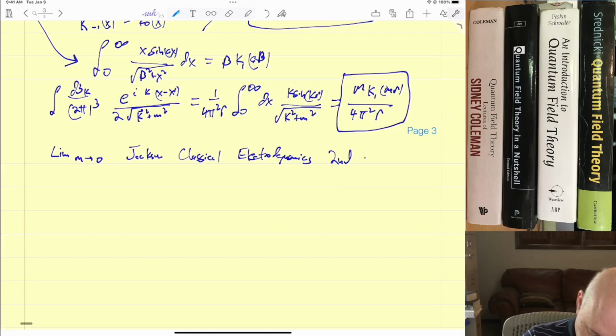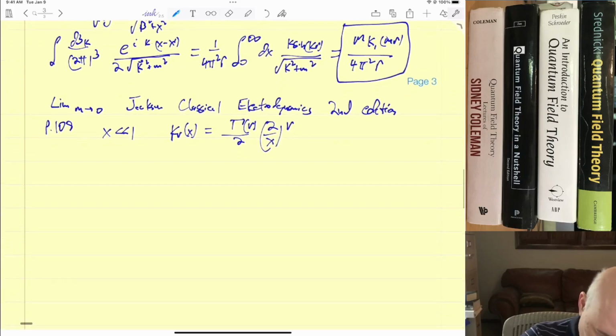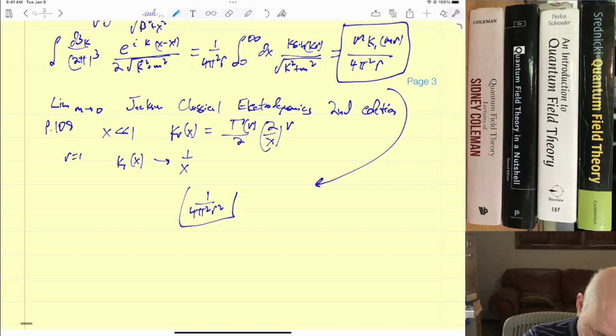When x is much, much smaller than 1, K nu of x is equal to gamma of nu over 2 times (2 over x) to the nu. So when nu equals 1, K1 of x goes to 1 over x, and this goes to 1 over 4 pi squared r squared, which is also correct.